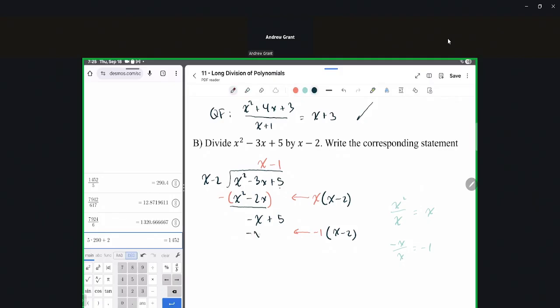Negative 1 times negative 2 is going to give us positive 2. And we want to subtract off these quantities. So something you're going to want to notice is that as you're going through these, when we do the subtraction, those should ideally be the same. So it should be like x squared minus x squared, great. Negative x and a negative x, that means you know things are going well.